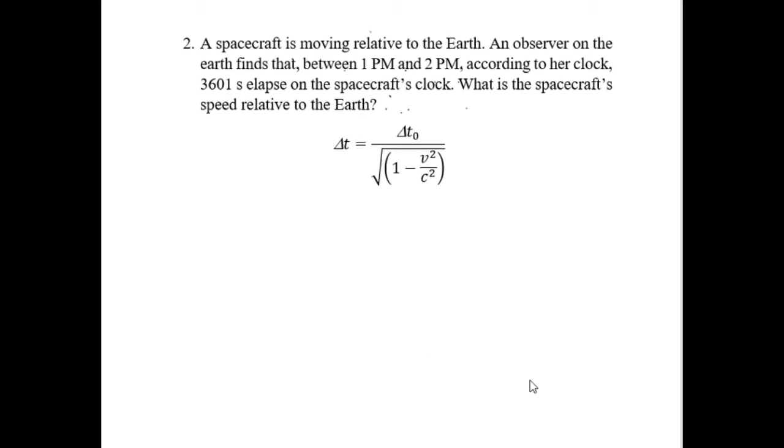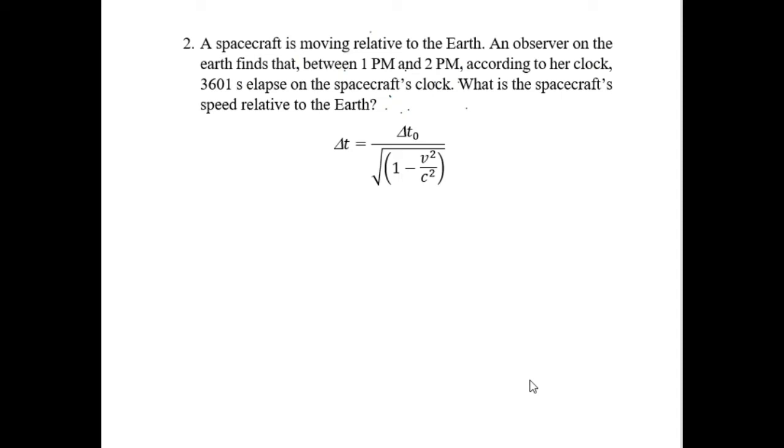So here, you have to identify kung ano yung proper time at saka yung delta t. So in this case, our delta t naught, which is the time dun sa spacecraft, that is 1 to 2 p.m. So that is 3,600 seconds. Pero dun sa na-observe naman ng observer sa Earth, it is 3,601 seconds.